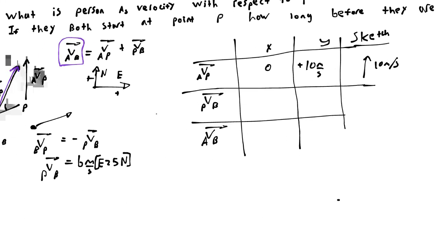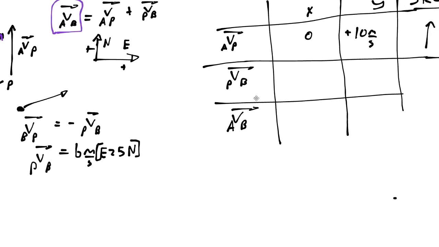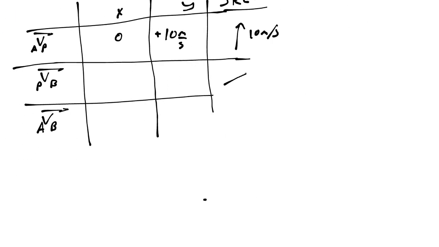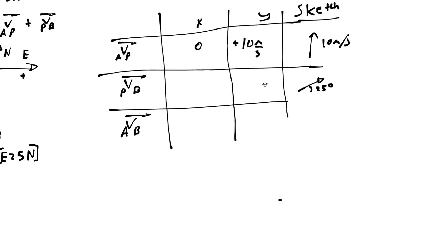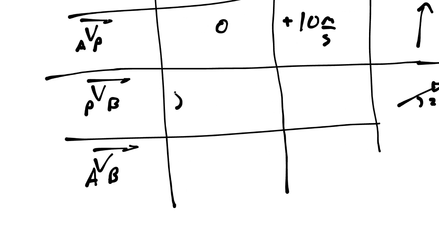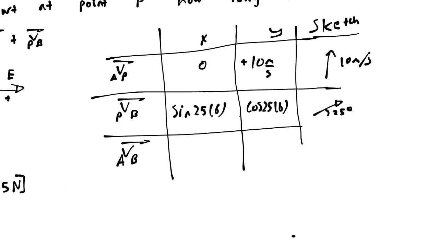Okay, P with respect to B. So let's see. East 25 degrees north. So that's going to look something like this. 25 degrees. So it'll be sine 25, and this one's going to be positive, times 6. This one is cos 25 times 6, again also positive.